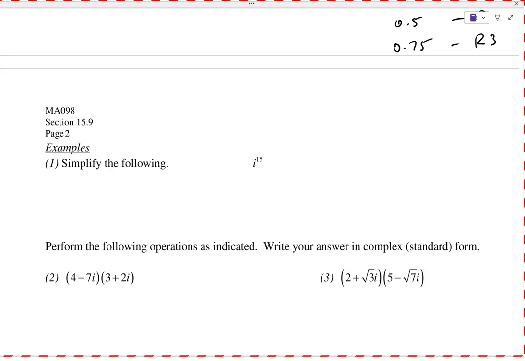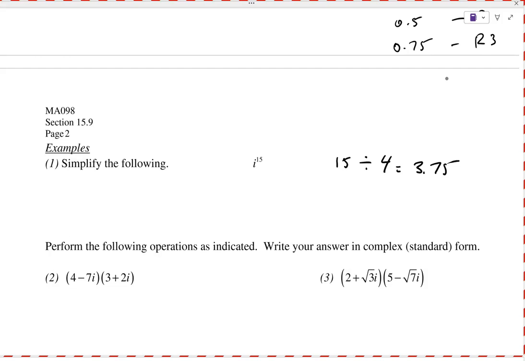Divide by 4. Good. 15 divided by 4. Put that into your calculator. What does it give you? 3.75, right?